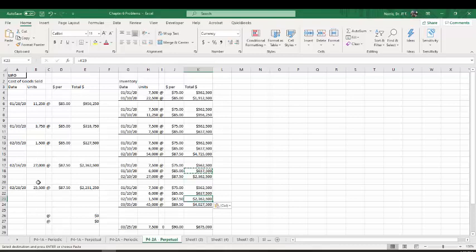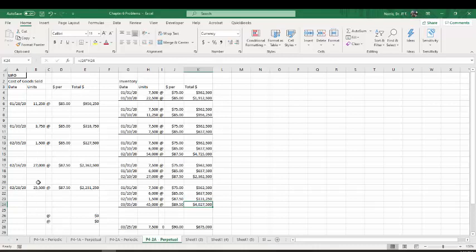So that's what we have in ending inventory. 1,500 units. And that has a total value of $131,250.